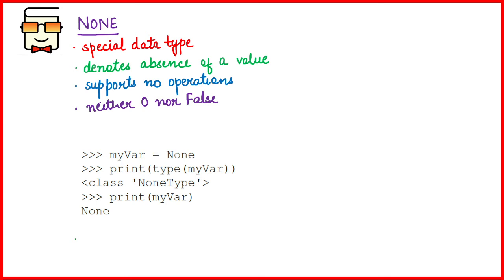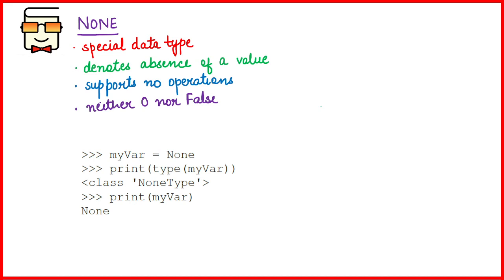So whenever you are creating a variable or an object that does not contain any value, but you still want to create a variable which currently does not store a value, or it used to have a value in the past, but now you want to make it empty, but for some reason you want it to remain in your program, you can do that using the none data type.